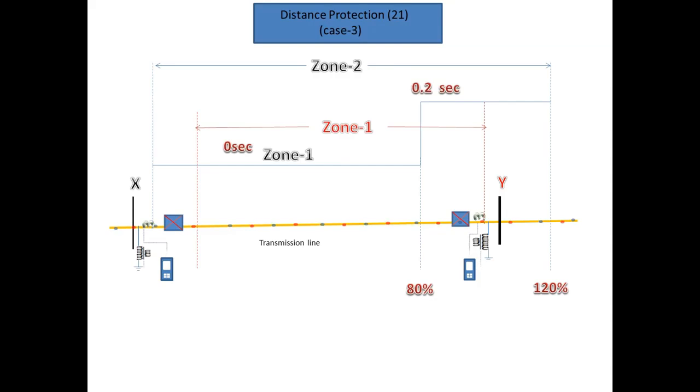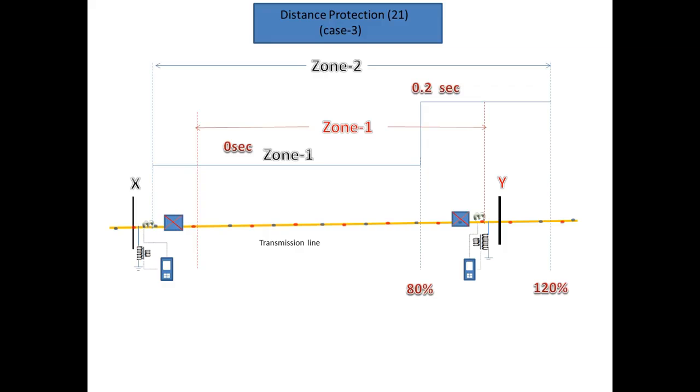Now you all should be fully satisfied about your line and 100% protection. Good, but you may still have doubt on zone 2, which I am going to clear in case 3.